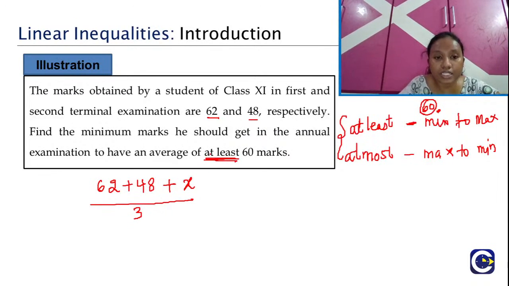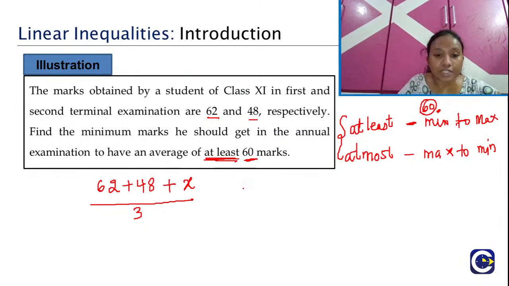They have mentioned that he should have an average of at least 60 marks, which means the average of all three exams, the first terminal, the second terminal and the annual examination, should be a minimum of 60. It can be greater than 60 also, but a minimum of 60 is a must, and less than 60 should not be possible.